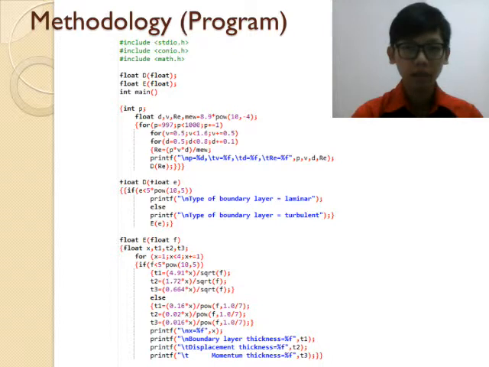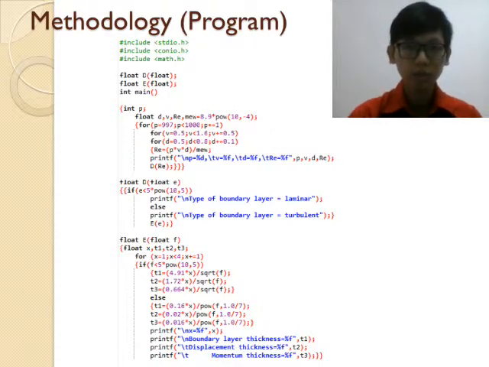So next is the methodology. The figure below shows the program that I wrote. From the program, we can see that there are a total of 3 functions, which are function D, function E, and the main function.